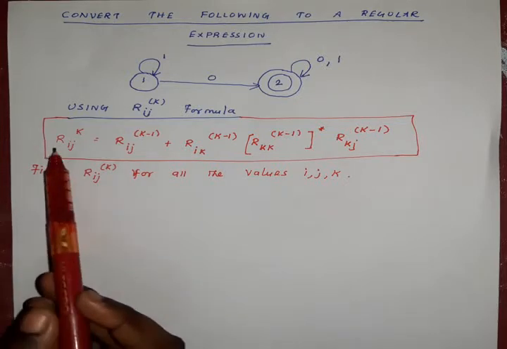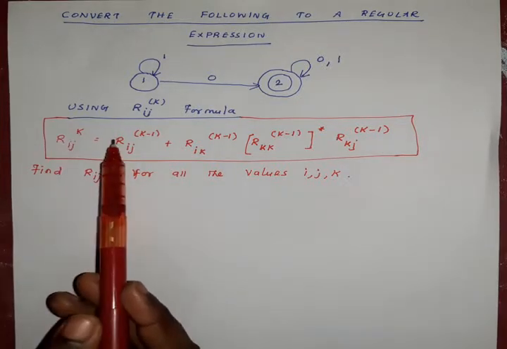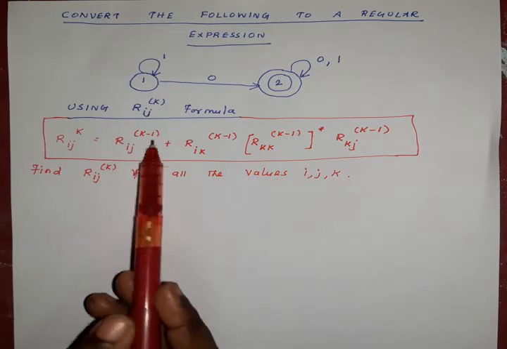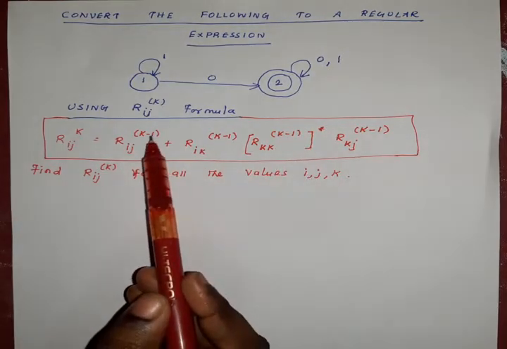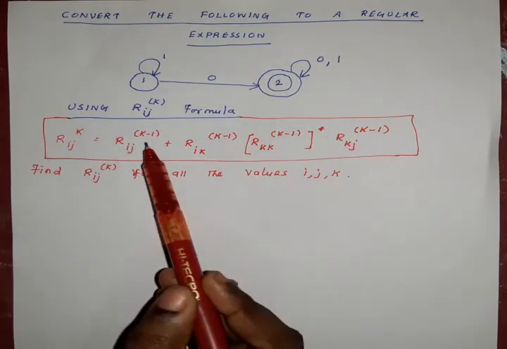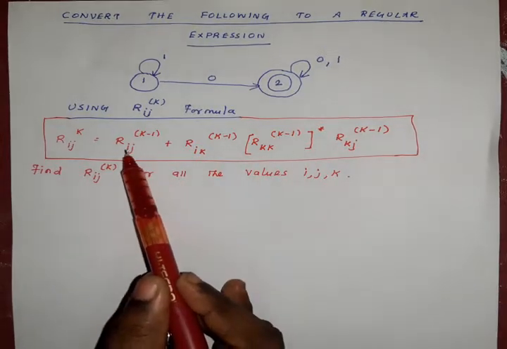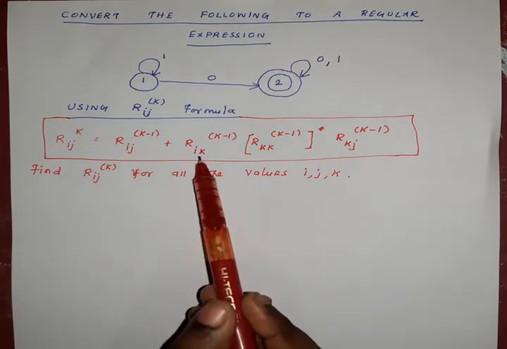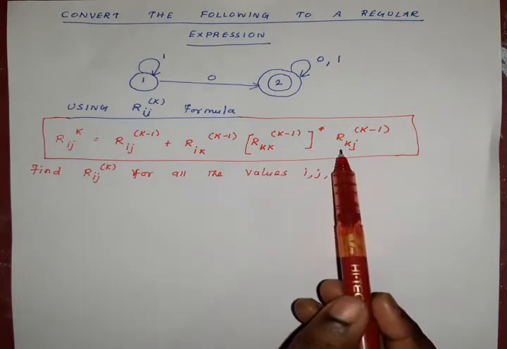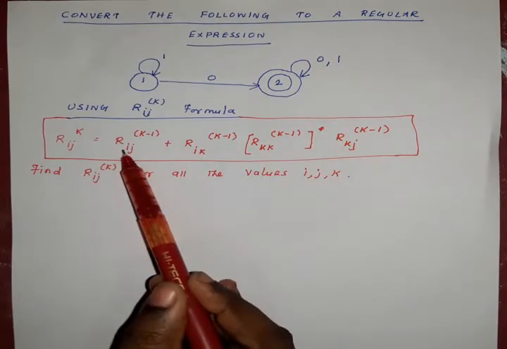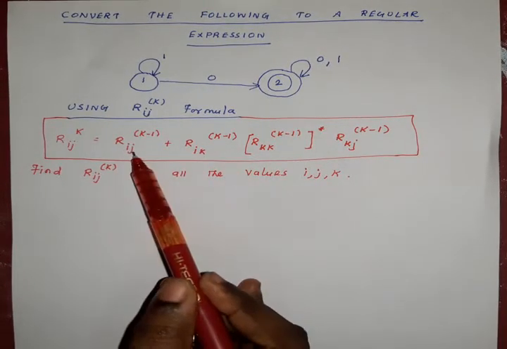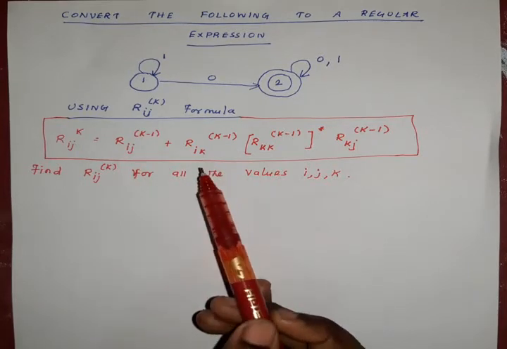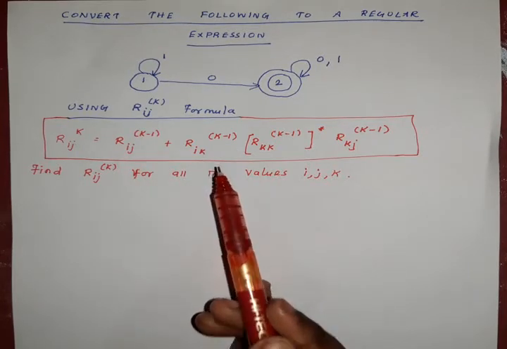Already we know R_ij^k is equal to R_ij^(k-1) plus R_ik^(k-1) R_kk^(k-1)* R_kj^(k-1). On the right hand side all the powers are k minus 1 only. Here I is the initial state and J is the final state, and K is the intermediate state.